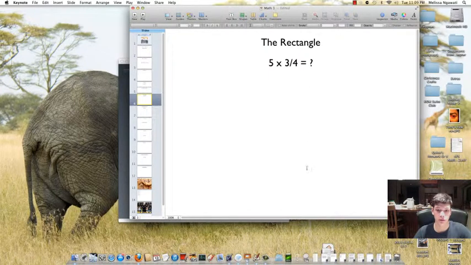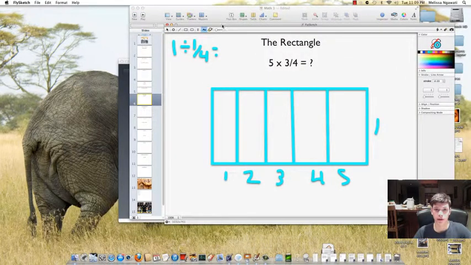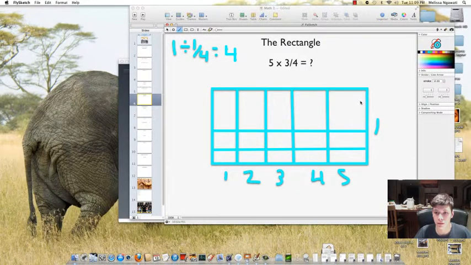So we need to divide this into 4: 1, 2, 3, 4. Now shade the rectangle with a base of 5 and a height of 3/4.